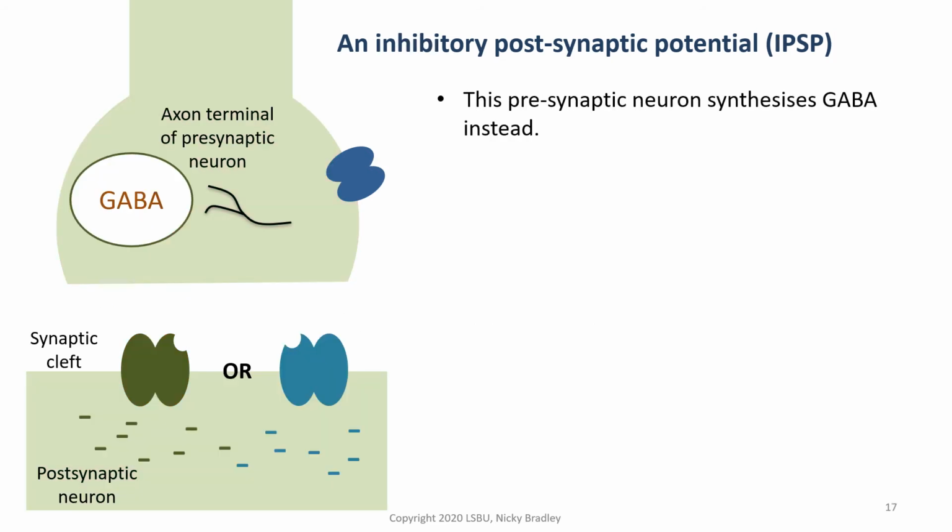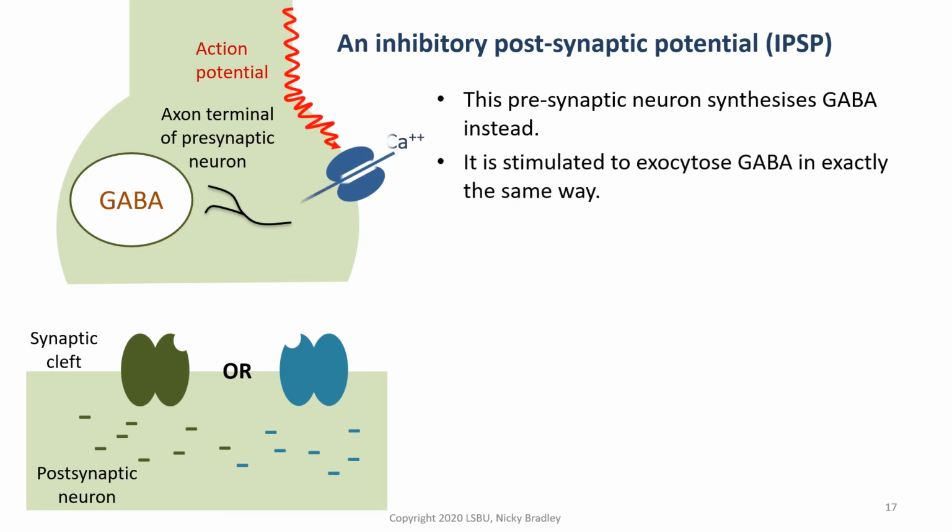So an IPSP. The change here is that we've got GABA. Same process to exocytose it. It's stimulated to exocytose by that action potential coming down the presynaptic neuron, opening voltage-gated calcium channels. Calcium is going to bind to the cytoskeleton and cause exocytosis, in this case of GABA.